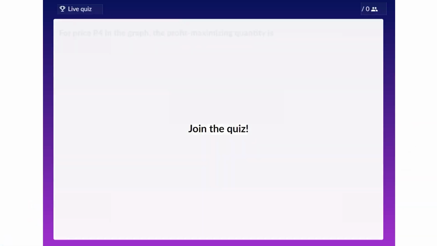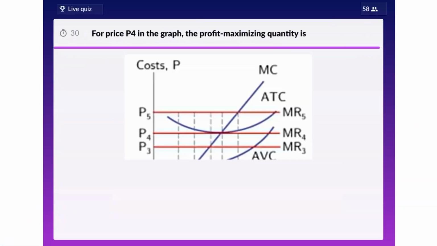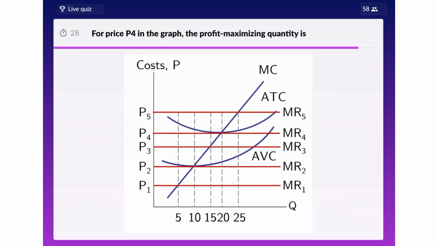All right, next one. What about P4? For price P4, what is the profit maximizing quantity?